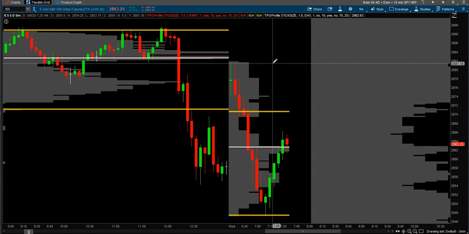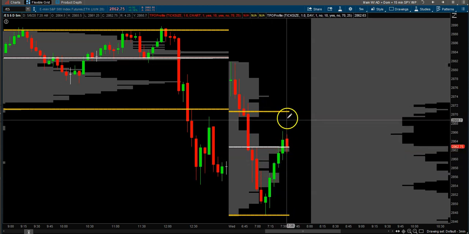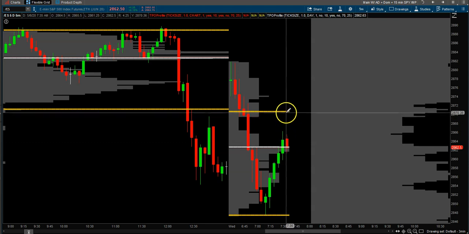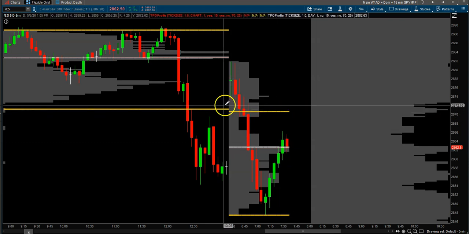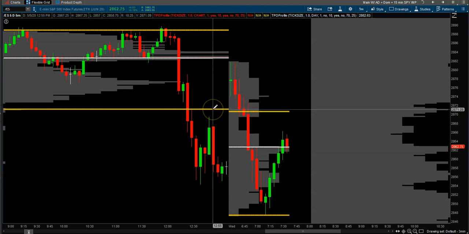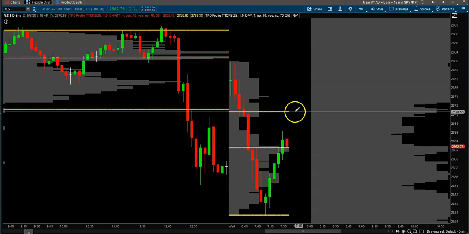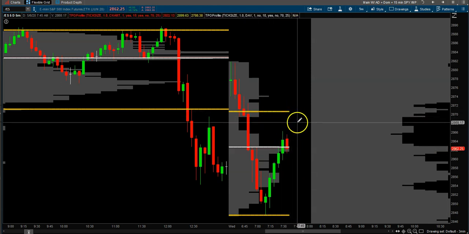It's always dynamic, it's always moving. But chances are, if we did start to rally and keep going up here, you could probably look at confluence, two levels, value area low from yesterday, value area high from today, and maybe look for a quick little short trade.